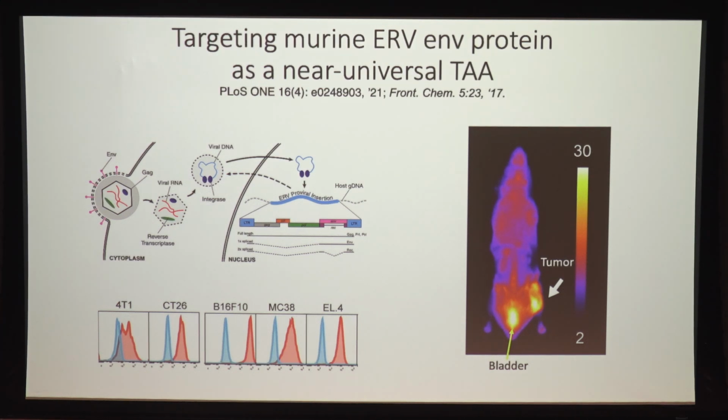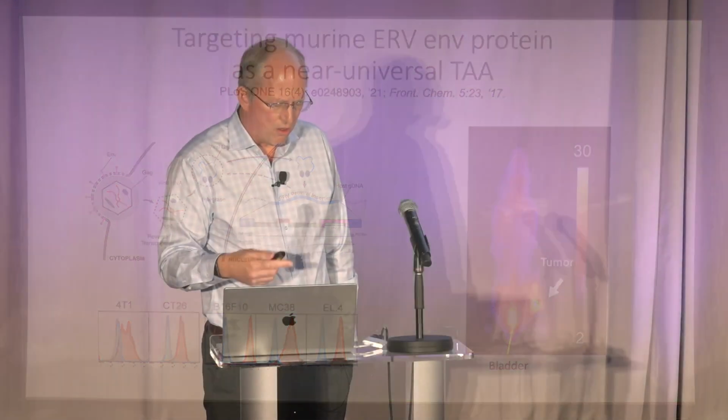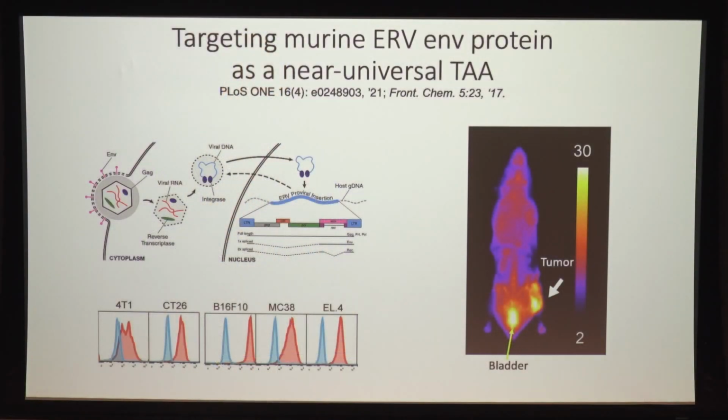But a few years ago, we did find, interestingly, that essentially all of the widely used syngeneic murine models have as a very immunodominant surface antigen an ONV protein from an endogenous retrovirus that's epigenetically altered and upregulated to be expressed in these tumors.